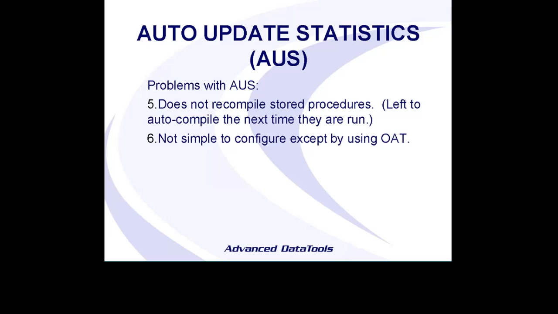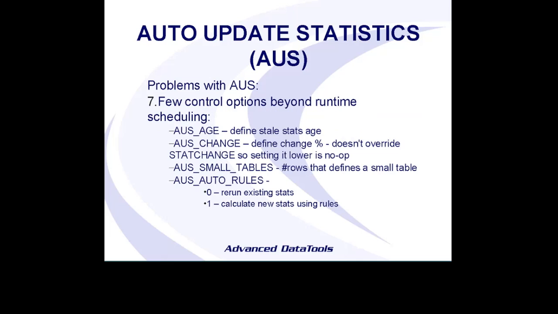Okay, there are only a few control options you have beyond runtime scheduling for AUS. One of them is the AUS age parameter, which defines how old data distributions have to be before the AUS evaluator considers them stale and tells the refresh task to update stats for that table or for that column.